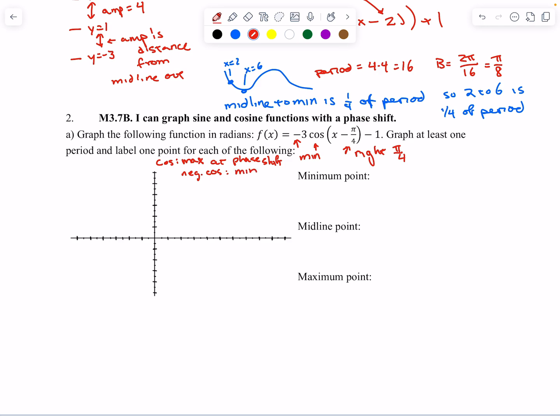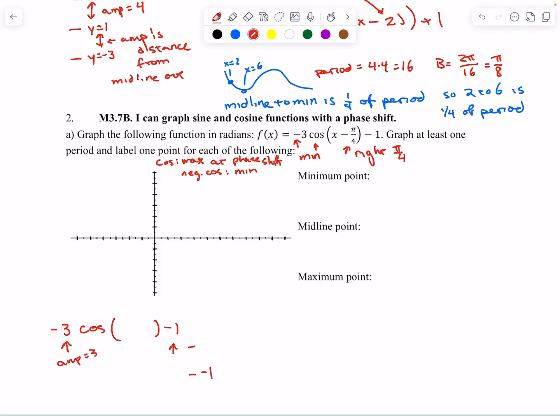All right, so what have we got? We've got negative 3 cosine blah, blah, blah, minus 1. This tells you the midline is at negative 1, that the amplitude is 3.